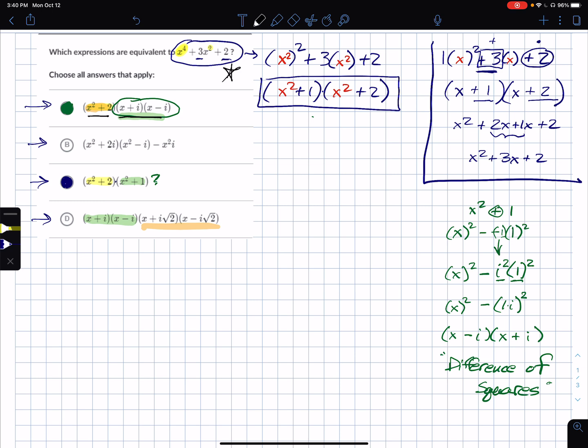All right, so in an effort to check D here, I'm going to try to factor that x squared plus 2 to see if it does break down to that, because I already know I can get this other part. We already did that just a second ago.